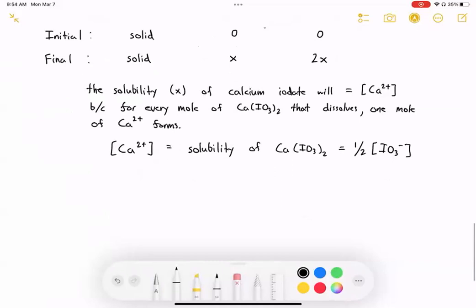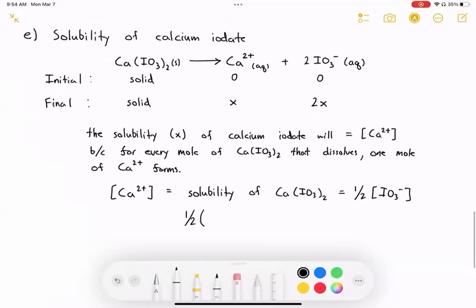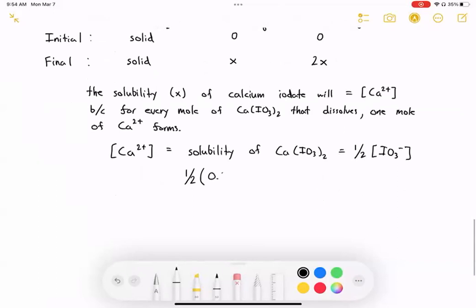So in this case, we're going to take 1/2 times 0.120 molar, and that gives us 0.0600 molar, and that's our solubility right here. Okay.